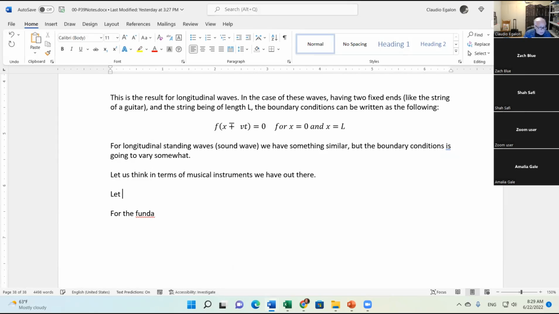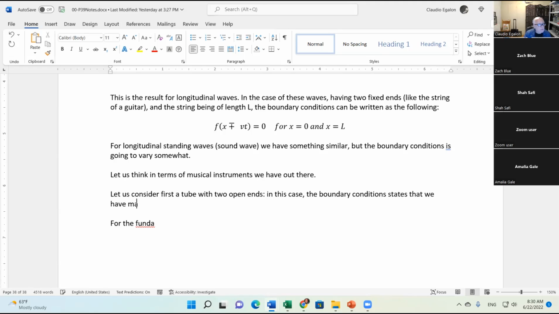Let us consider first a tube with two open ends. Okay, in this case, the boundary conditions state that we have maximum amplitude at the edges of the tube.